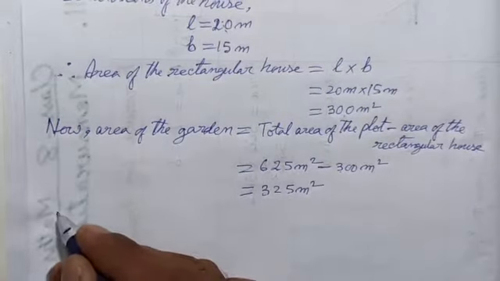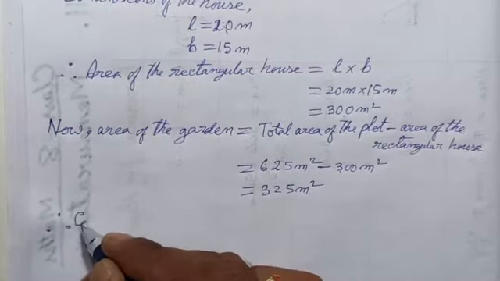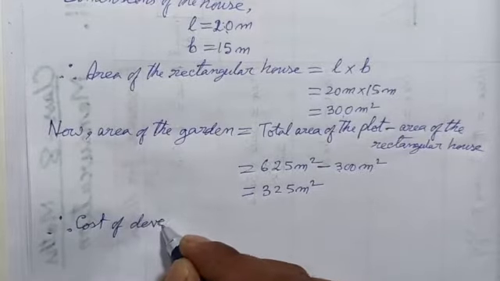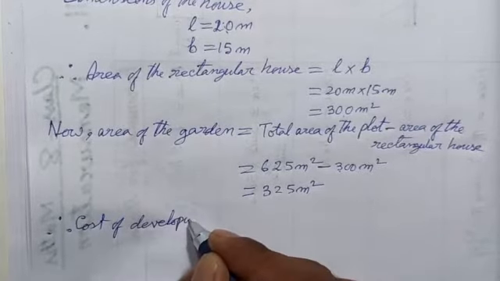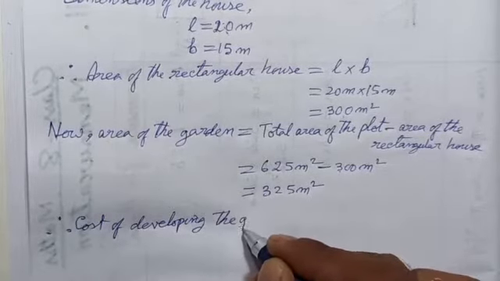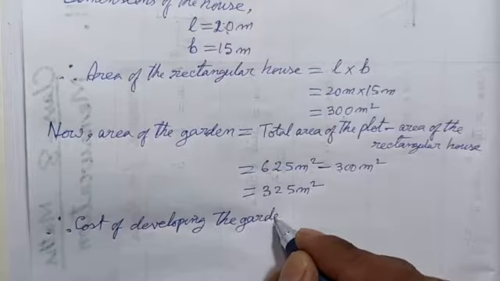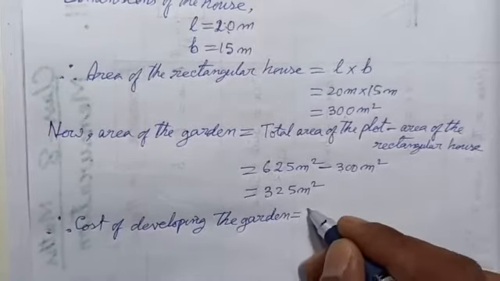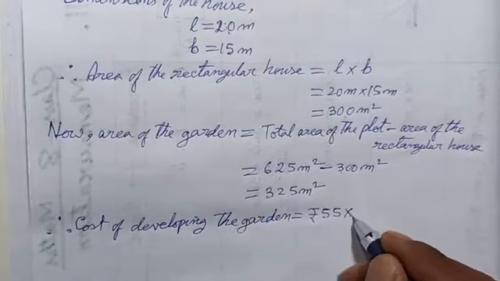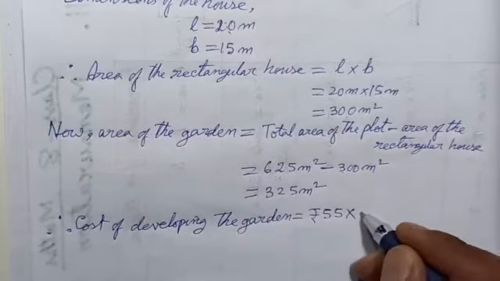Therefore, cost of developing the garden. In the question, rate is given as rupees 55 per meter square, and this rupees 55 will multiply this area of the garden. So 325.